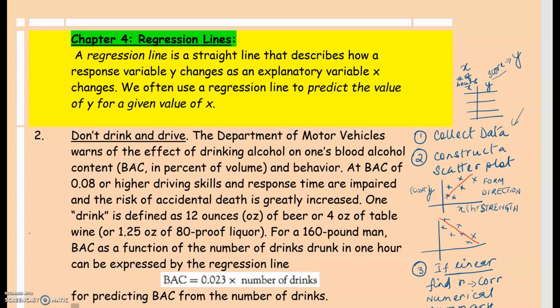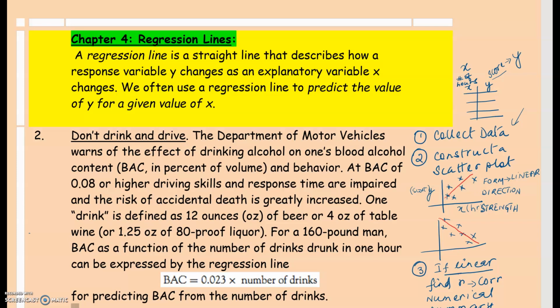So clearly these points are forming a clear linear pattern. Okay, so we would call this a linear pattern. So what is the form? It's like the shape of the pattern that's forming. And if the pattern that's forming is a straight line, we call it a linear form, L-I-N-E-A-R.